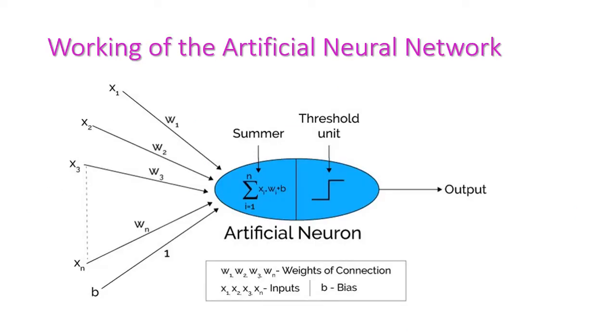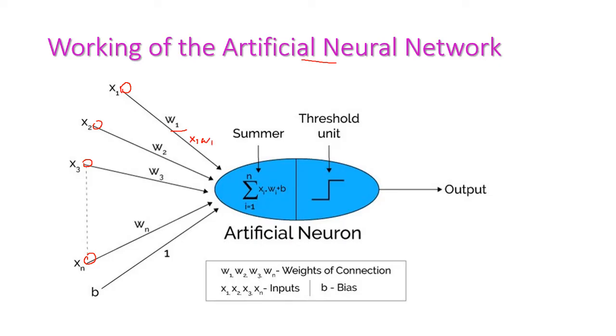And now let us see the working of artificial neural network, right. So here we are having n number of input units, x1, x2, x3 etc. up to xn. So these are all called input units, and all the input units have their own weight, okay. After multiplying this weight with x1, the data will be x1 into w1.